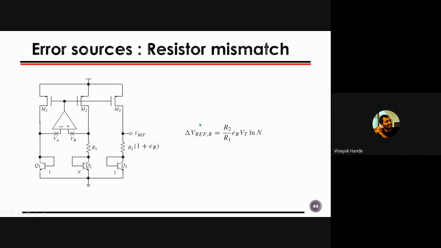So how much variation will it cause? Again, same thing. Either you reduce the value of the R2 by R1 scaling factor, or reduce the value of N. We can do both if we change the ratio of currents, right?